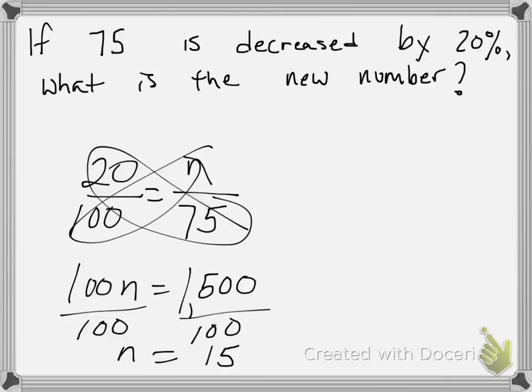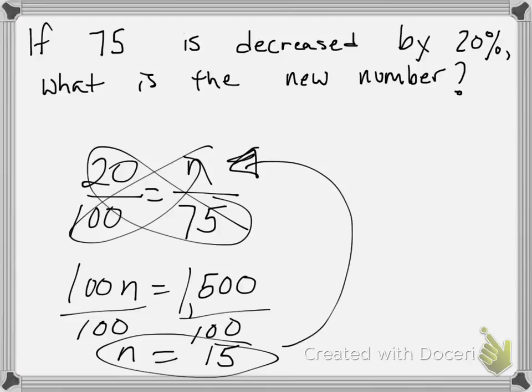So it doesn't mean that 15 is my new number. That's how much it's decreased by. Okay, it's decreased by 20%, and that 20% is 15, because look, that's where the 15 would go. So it kind of lines up with the 20. These are together. So we just have to do a quick little subtraction here.